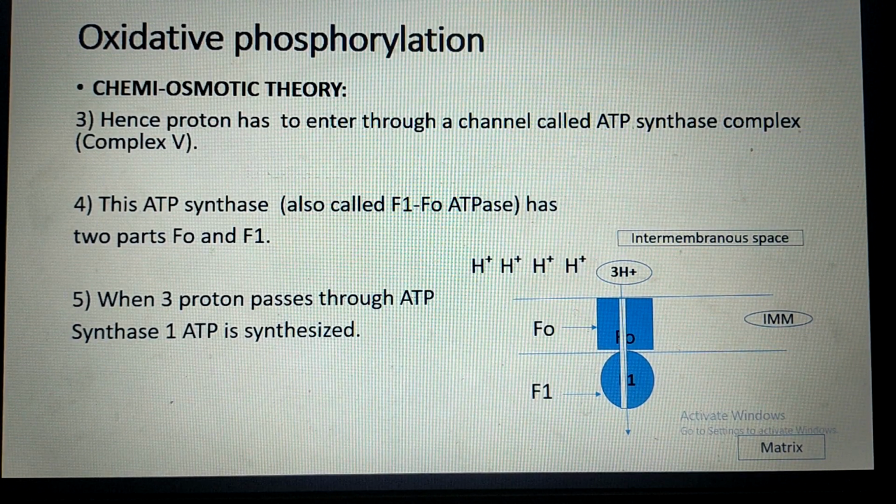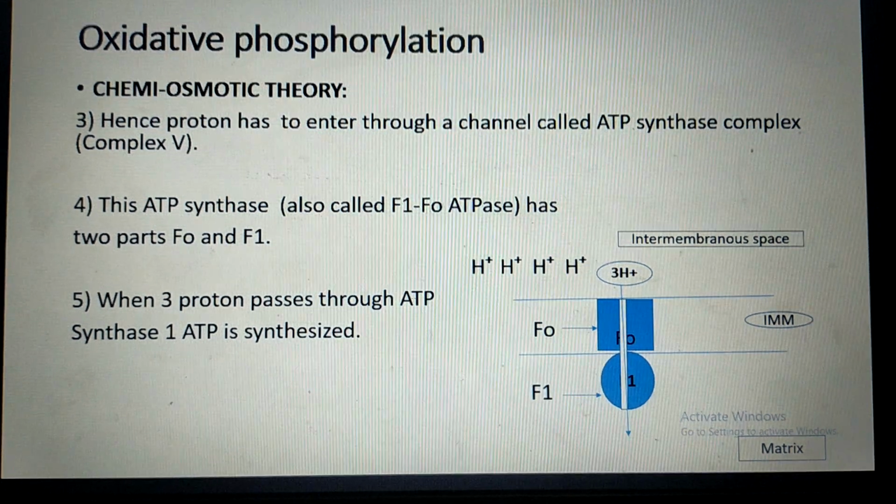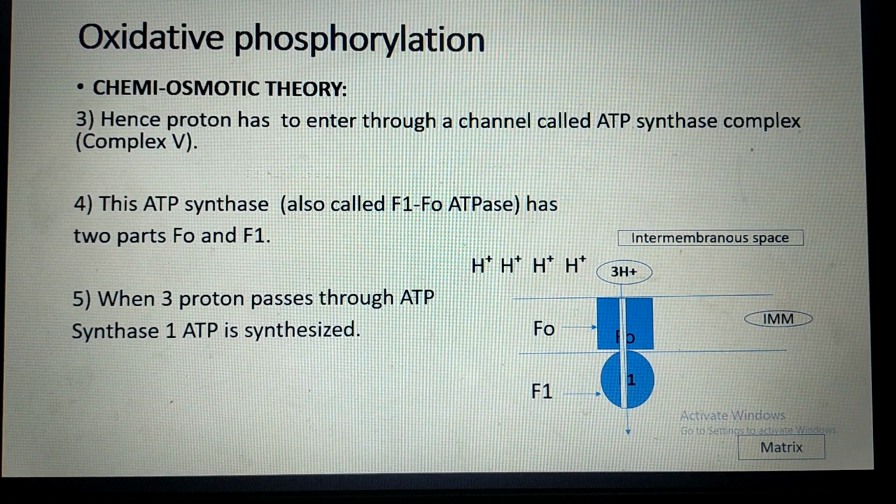The FO subunit is embedded in the inner mitochondrial membrane, whereas the F1 subunit is present in the matrix, and a channel is present between these two subunits for the transfer of protons.